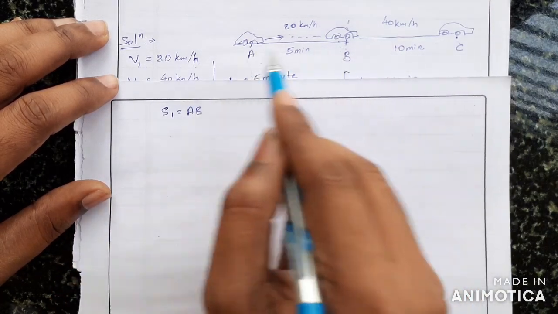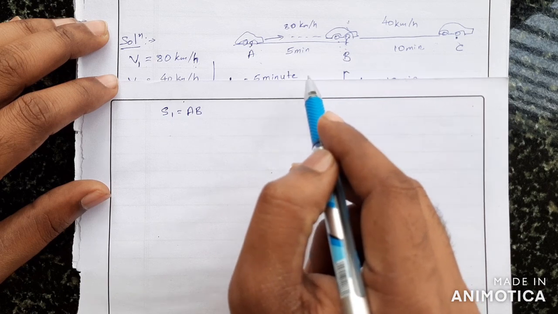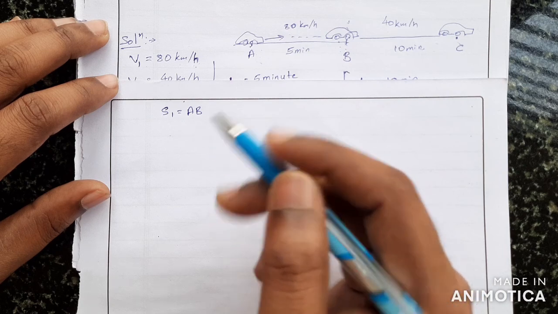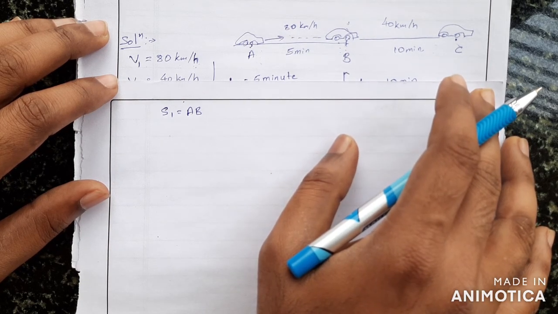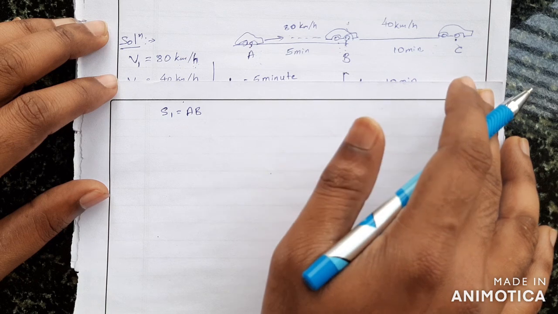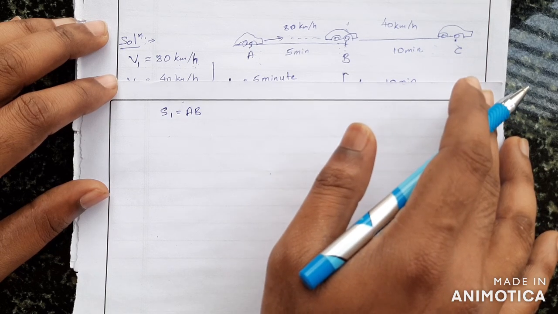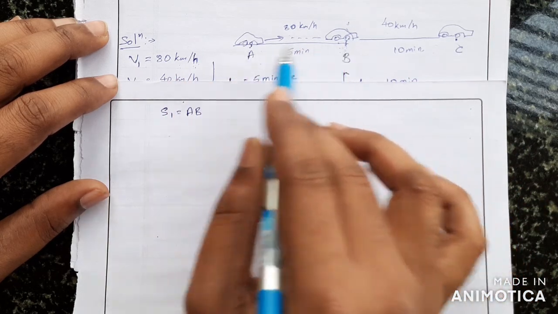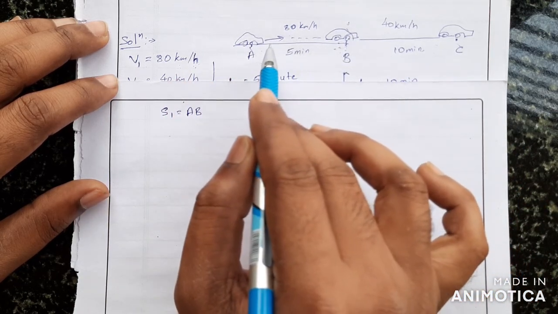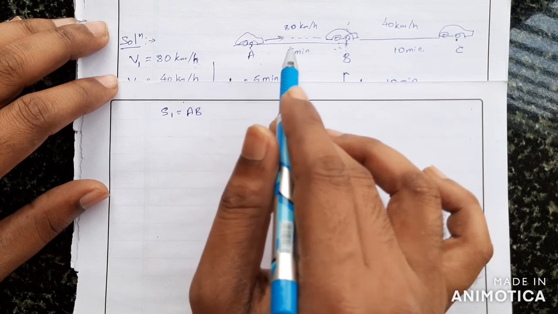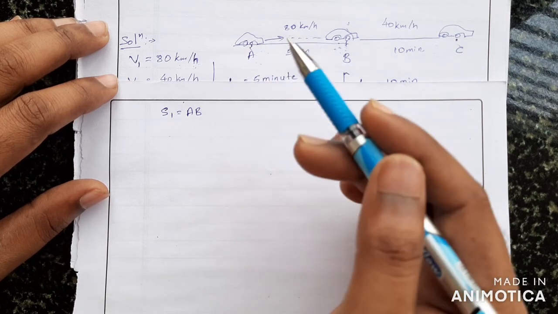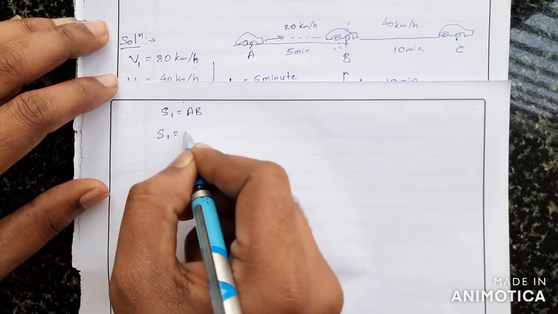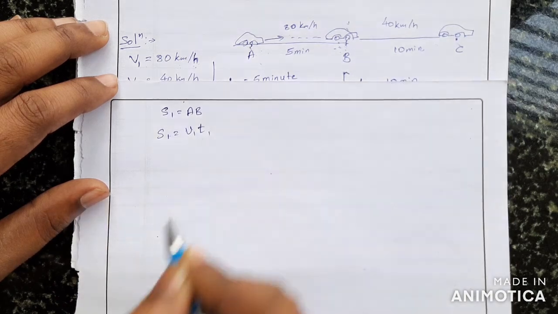Now since there is no acceleration, what is the actual formula for distance or displacement? The actual formula is distance S is equal to ut plus half at squared. Since acceleration is 0, u is the initial velocity which will remain the same throughout the motion, and hence it will simply be S is equal to ut or S is equal to Vt, because velocity does not change. So I can write S1 is equal to V1 T1.